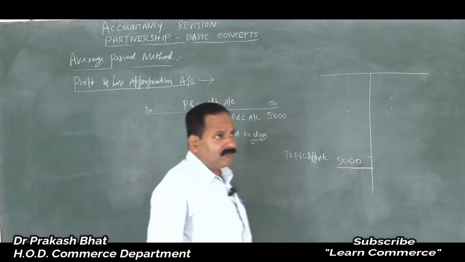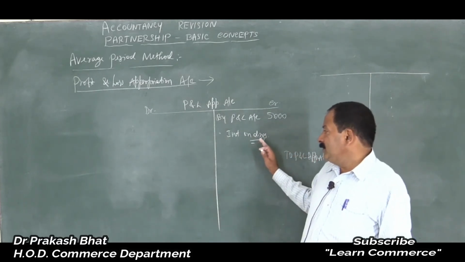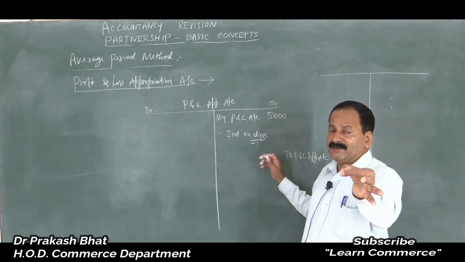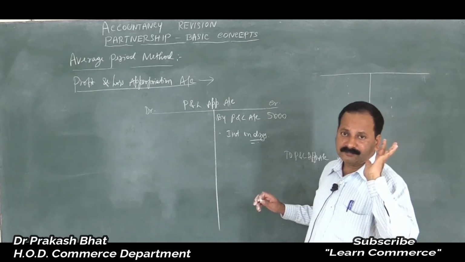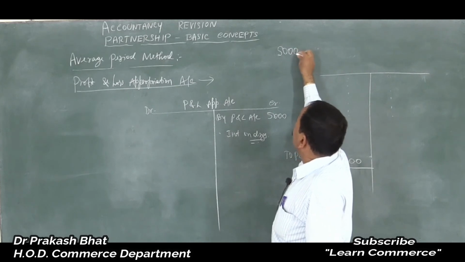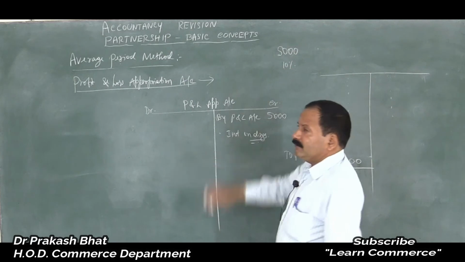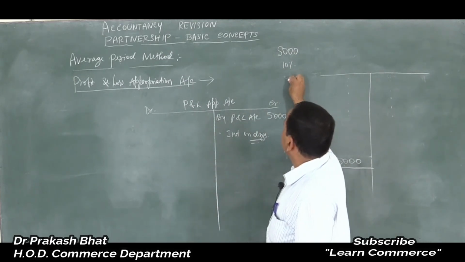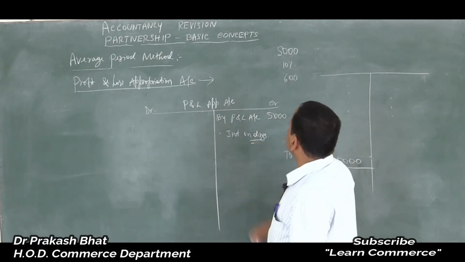Remember regarding interest on drawings, if the interest on drawings amount is given, then don't see the percentage and the amount drawn. Let me give you an example. 5,000 is the amount drawn and they say interest on drawings should be charged at 10% per annum, and interest on drawings of the partner being 500 rupees, or they may give you 600 rupees.